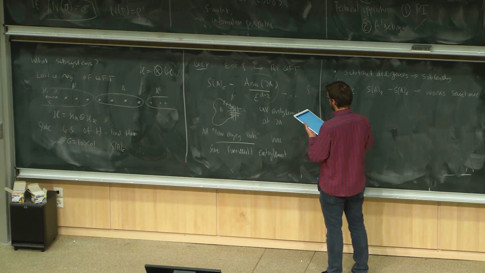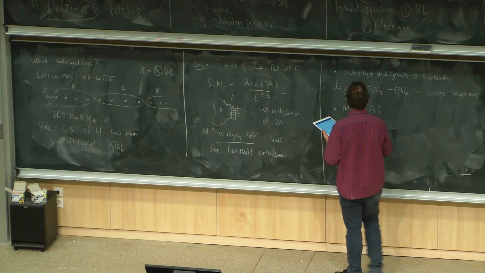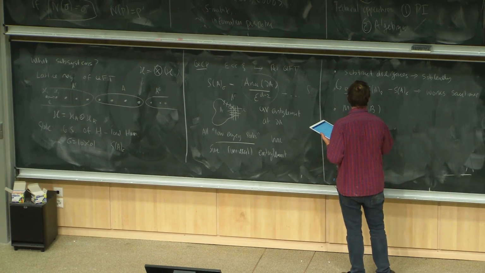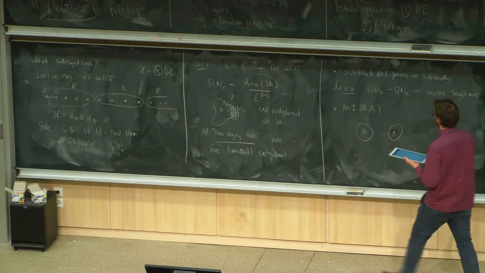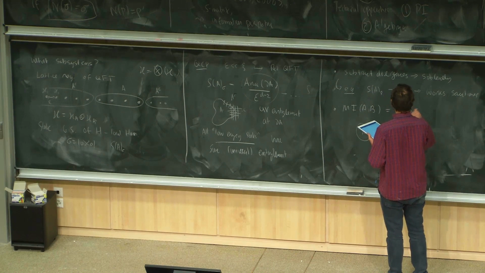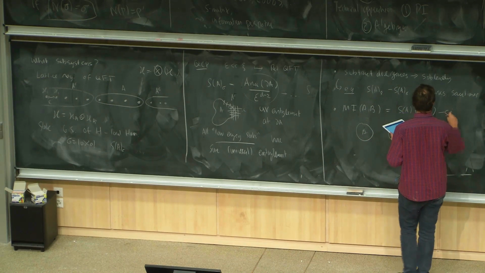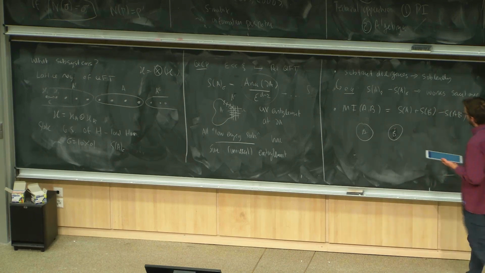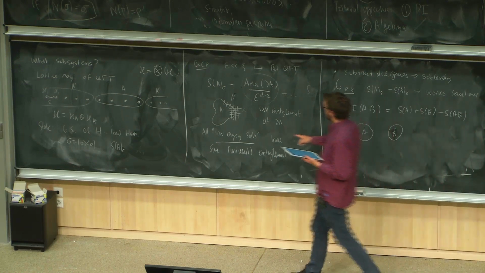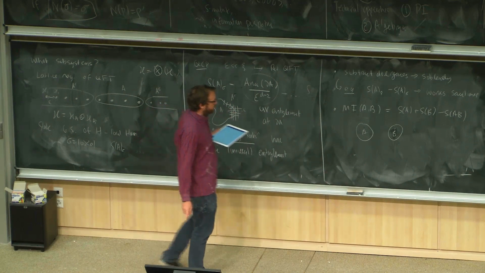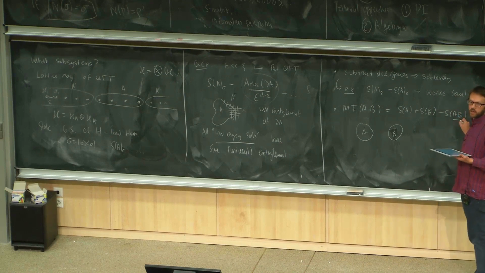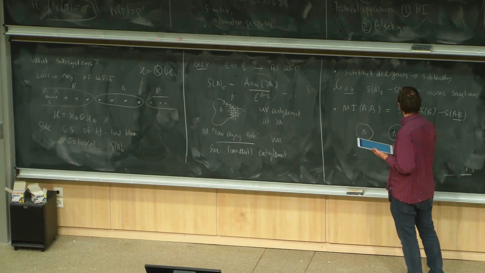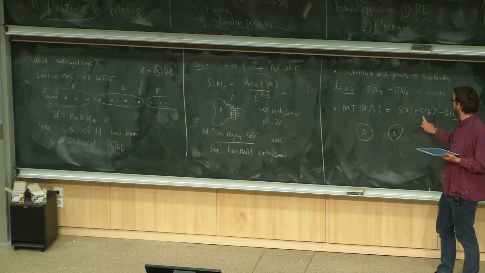Another one is to think about the mutual information between two regions that are disjoint. So let's say I have A, and then B, and then I have everything else. Remember this quantity was this. Since these divergences are local to the boundary, you would expect that the divergence of SAB, which is again local to the boundary, is the same as the divergence of SA and SB separately.